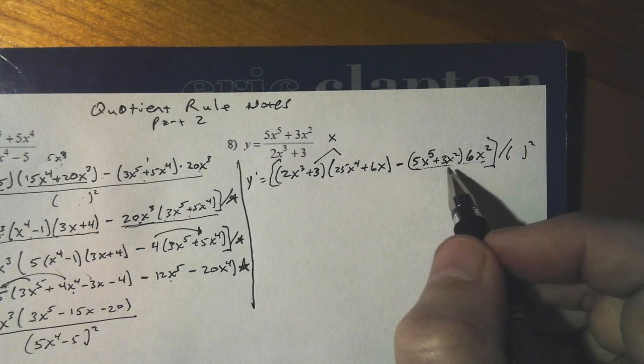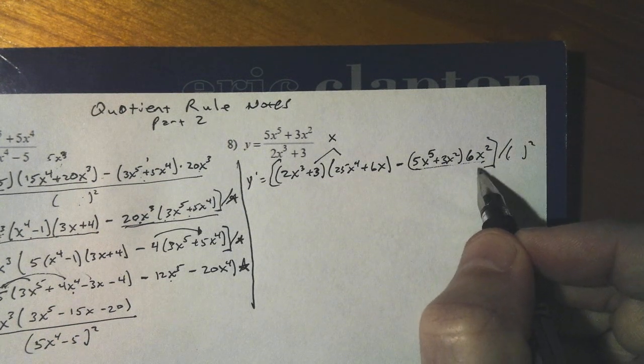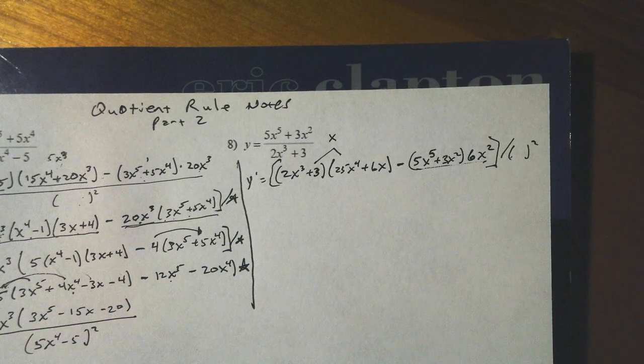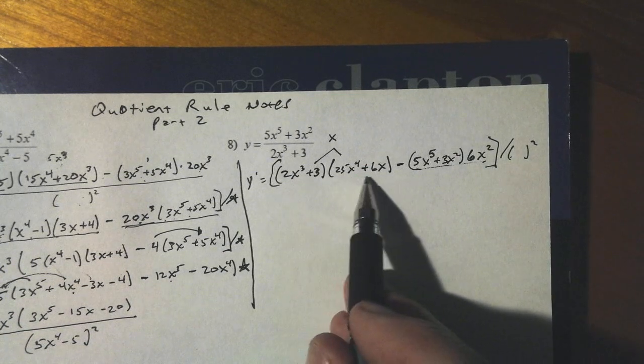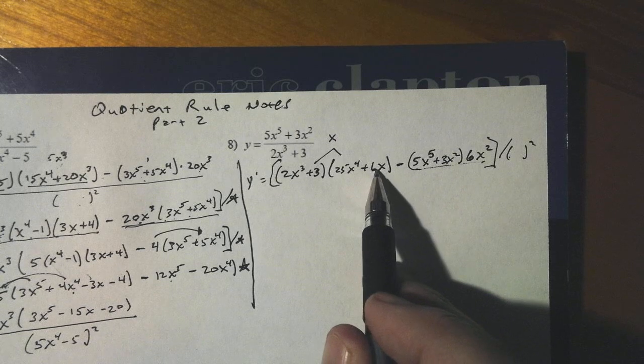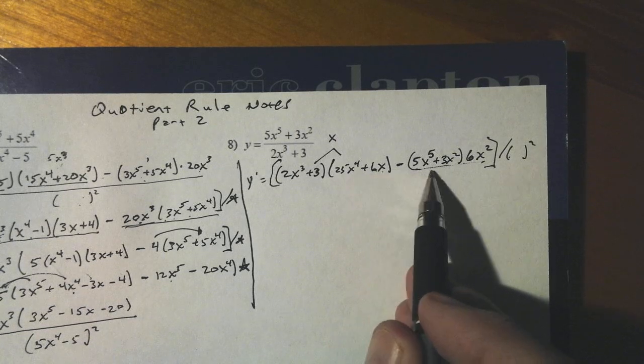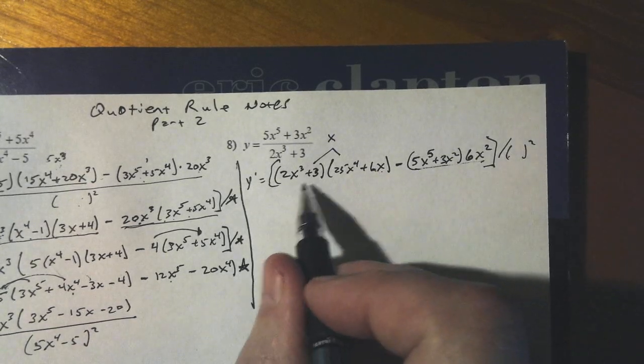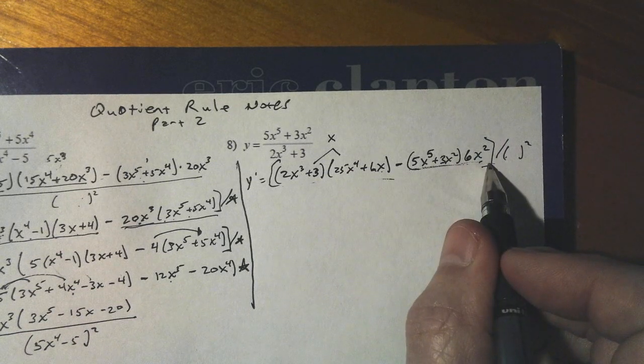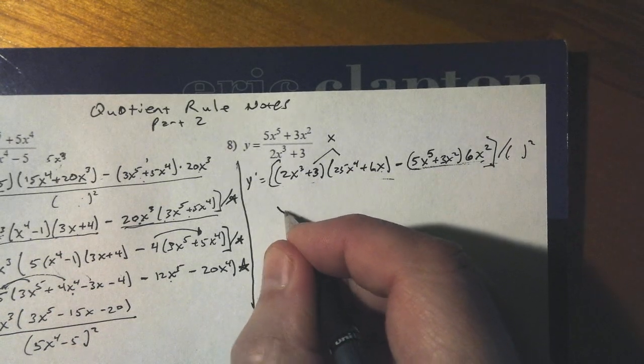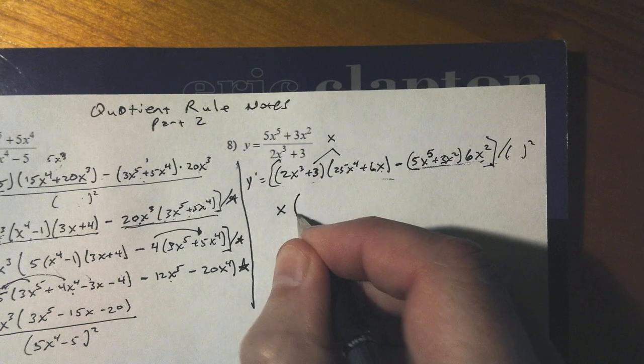Yep, I can factor an x out of that. In fact, I could factor out quite a few more x's than just that, but just a single x from here. So I can factor an x out of this, I can factor an x out of that term.